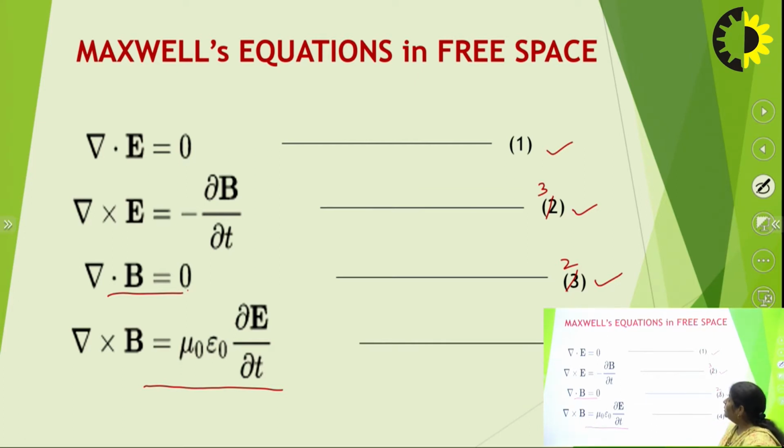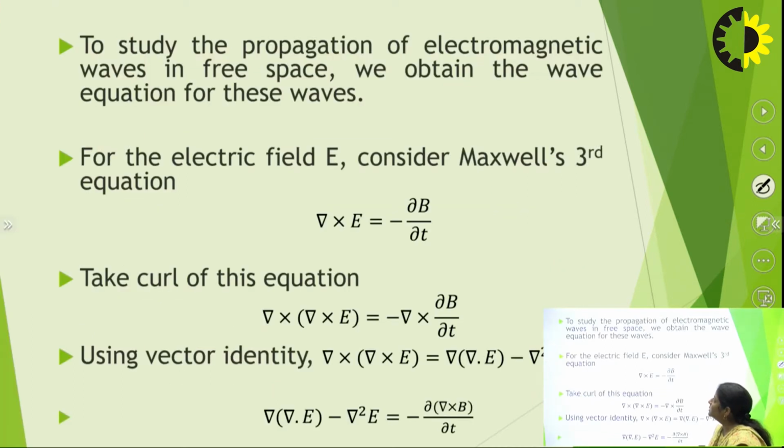All right. So this is Maxwell's equations, and in free space it is written like this. This is the free space form; the general equation has some other form. So what do we do to study the propagation of electromagnetic waves? We perform certain calculations with these equations.